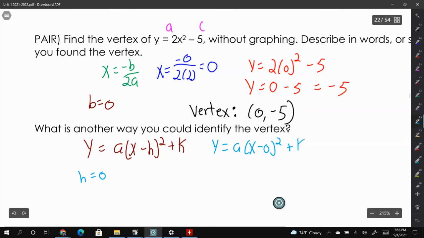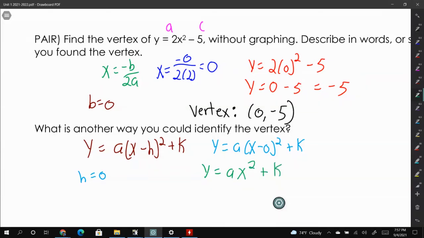Well, like we talked about with intercept form, when you subtract 0, you don't need to write minus 0. It just goes away. So then you could think of this as a times x squared plus k. Because once we get rid of the minus 0, we don't need those parentheses. Well, now this right here looks like that. Your a value is 2.